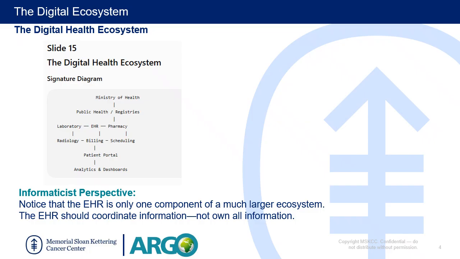Every application contributes unique information, but the real value only emerges when they exchange data. Yes, the EHR is, I'm going to admit to this, the heart of that ecosystem. But there are several other systems that feed into the ecosystem, and we're going to take a look at them in a minute.